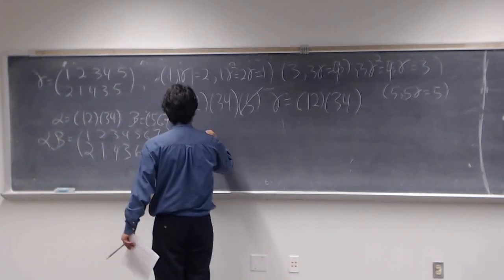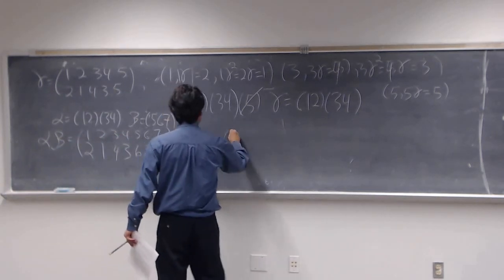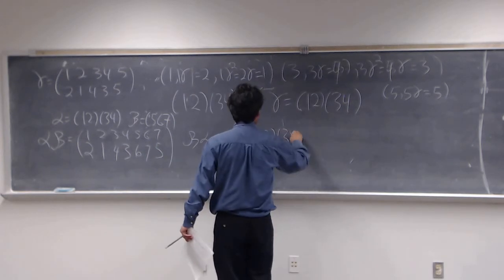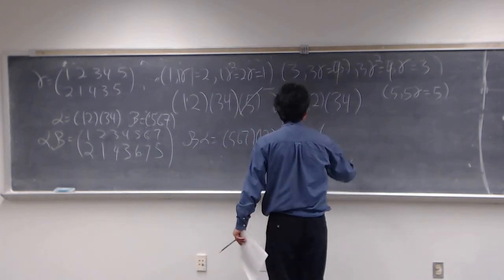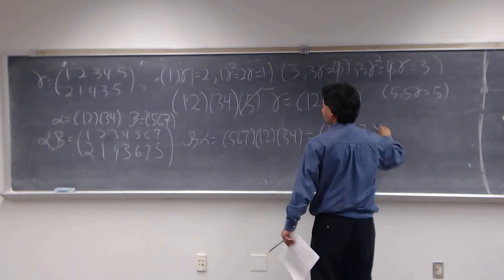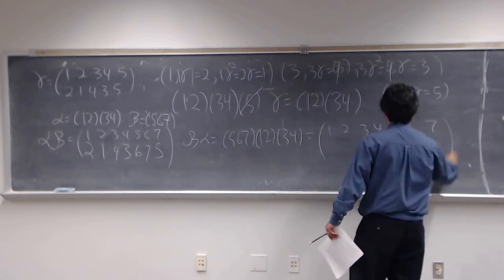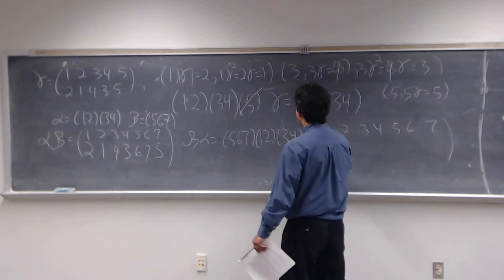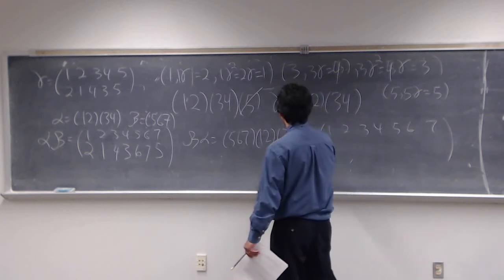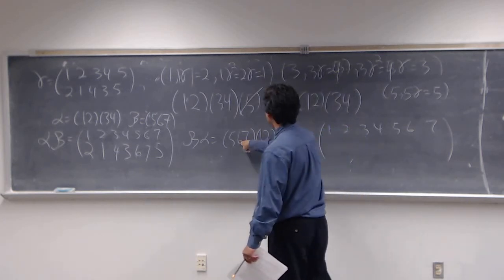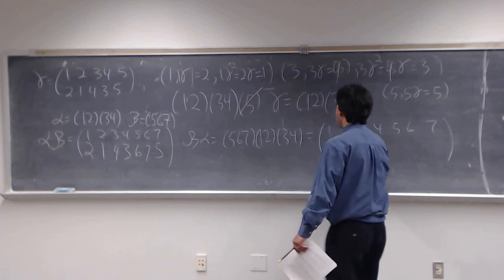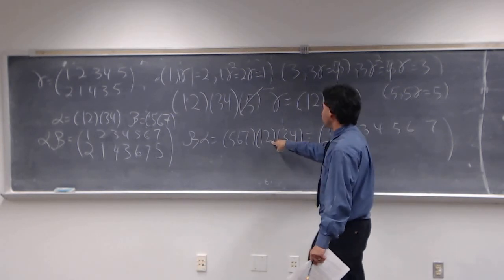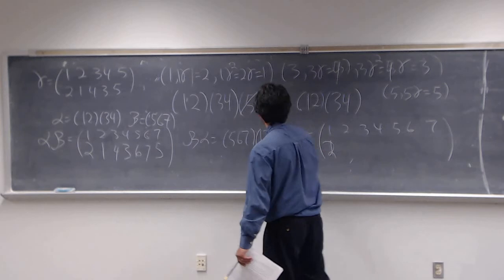Let's do beta alpha, which is 5, 6, 7, 1, 2, 3, 4. So let's write it as a matrix. What happens to 1? 1 goes to 1, 1 goes to 2, and then 1 is fixed by that, so 1 ends up going to 2. 2 stays at 2, then 2 goes to 1, then it remains fixed.